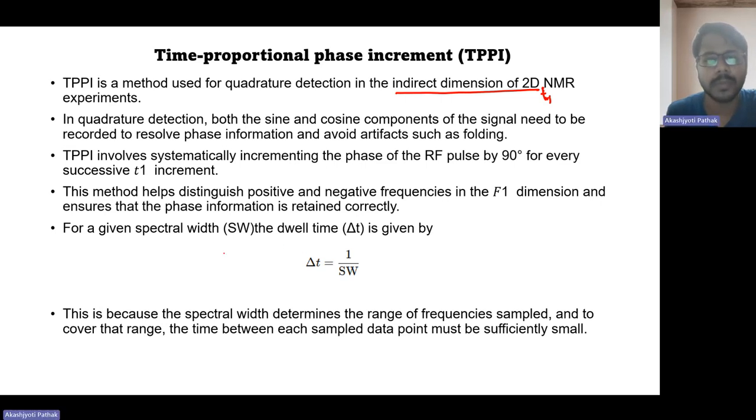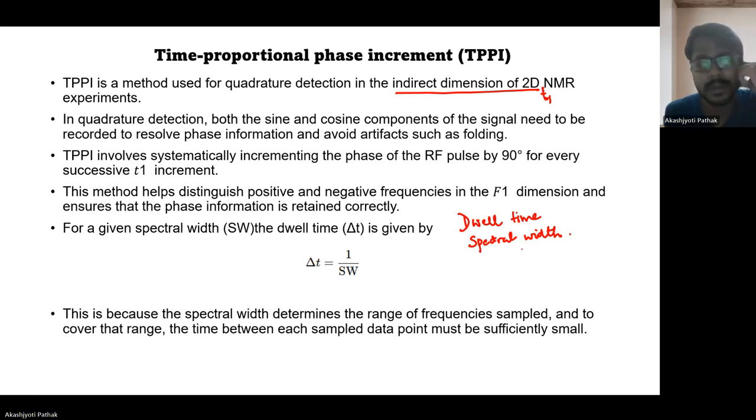Now, we had discussed this concept of dwell time and spectral width, right? So what is spectral width? The spectral width is the range of frequency for which the data is collected.